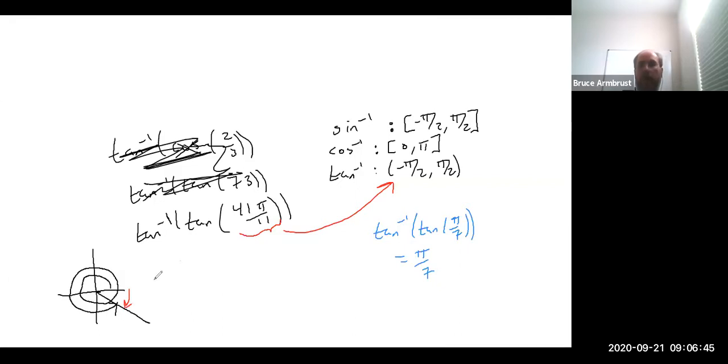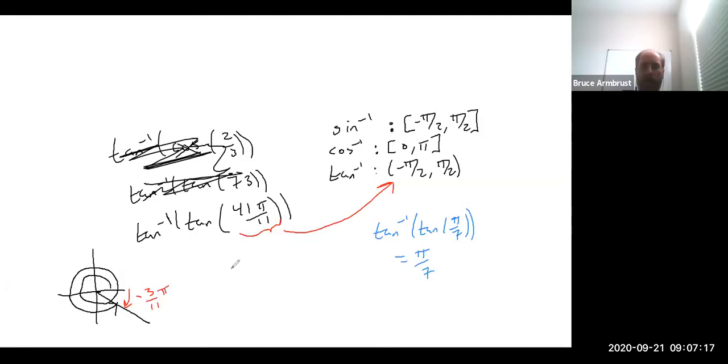So the question is, how far away are we going in this direction? So how I would attempt this is think about how much more would I have to add here to get all the way to 4 pi? Well, 4 pi would be 44/11. So I'm 3/11 away. So this is minus 3 pi over 11.